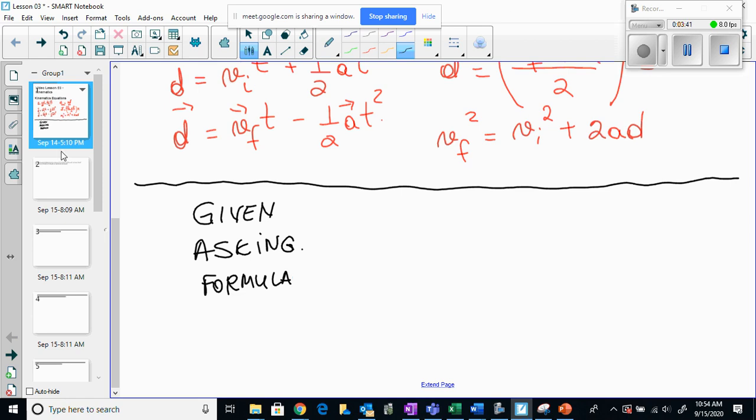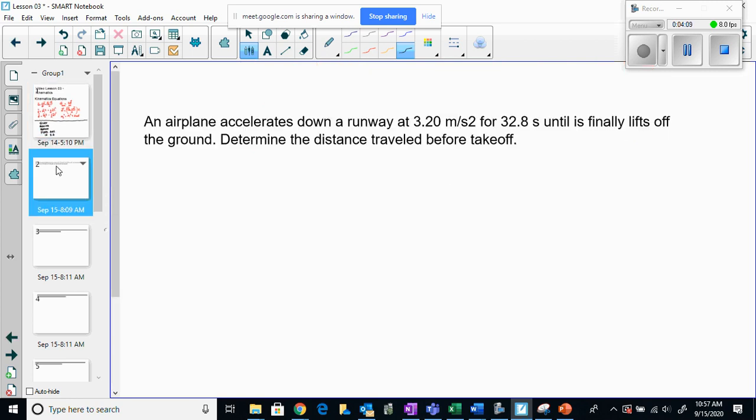Okay, here, final answer, and correct sig digs. Now, the correct sig digs: take a look at what is given. The lowest sig digs is what the answer has to be. Okay, so let's take a look at this.